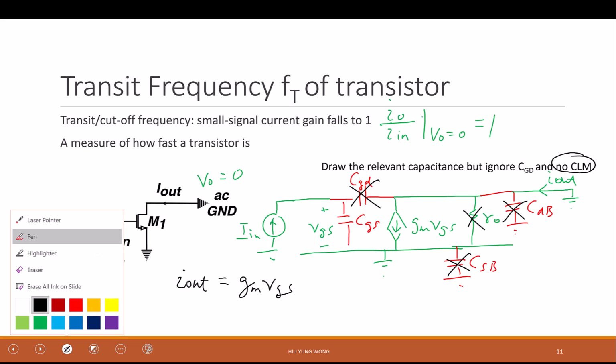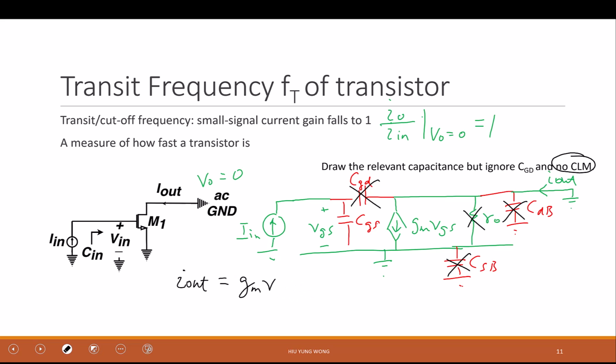What is VGS? How do you get VGS? Just the potential drop across it, as you say, just the current times the impedance, right? So this is gm times I in times the impedance, which is 1 over j omega CGS. I ignore the phase, just for simplicity.